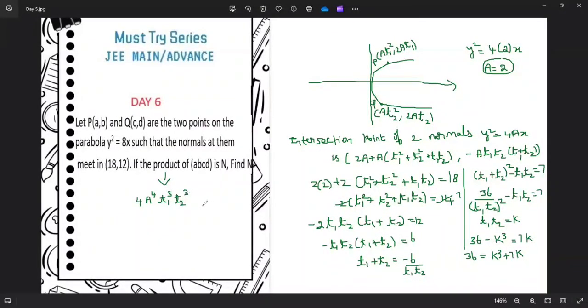We already know the value of A. Value of A is 2, so A power 4 is 2 power 4. The value of t1 t2 is going to be (t1 t2) the whole cube. Basically, we just want to know the value of K cube. If we substitute that, the sum is over. 2 power 4 is 16, 16 times 4 is 64. 64 times K cube it is. So we have to get the value of K from this cubic polynomial. We tried with integers, it didn't work.